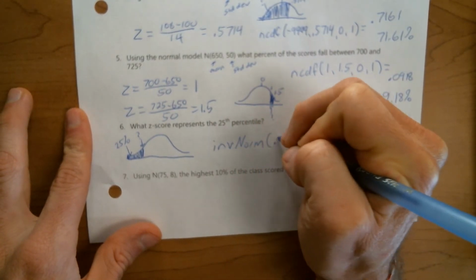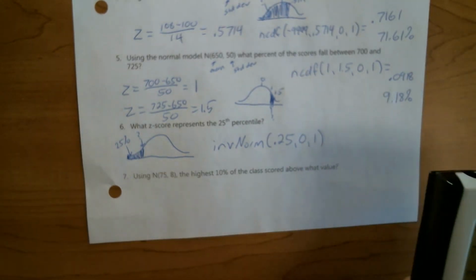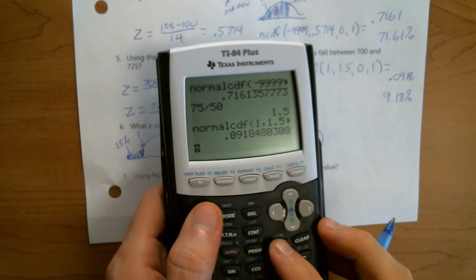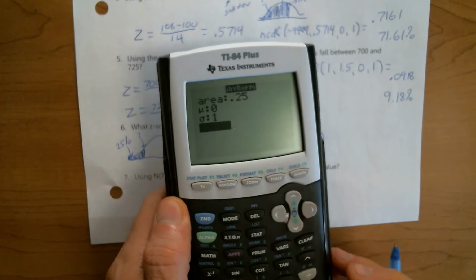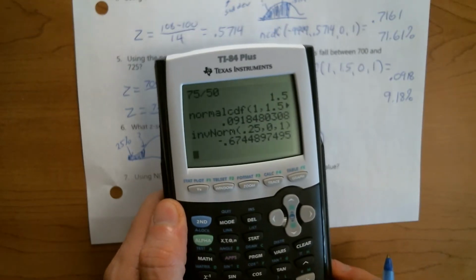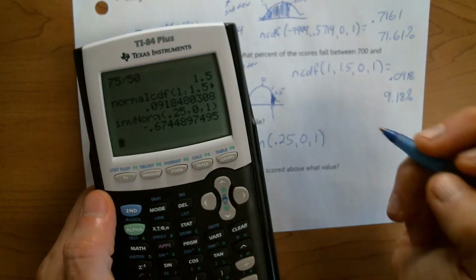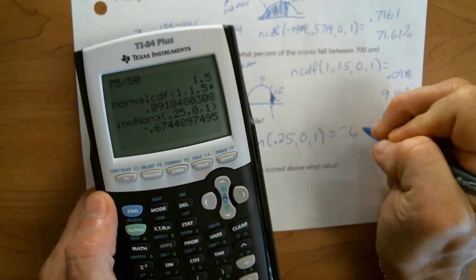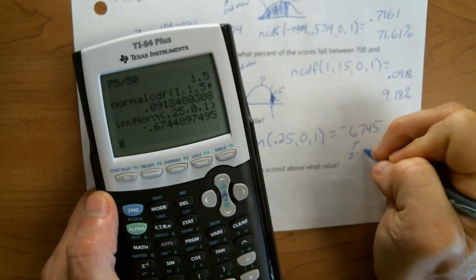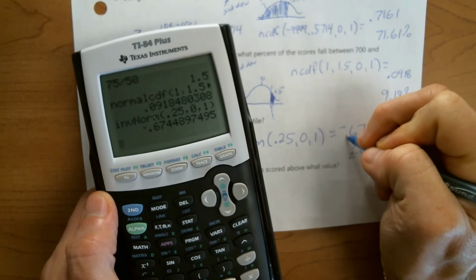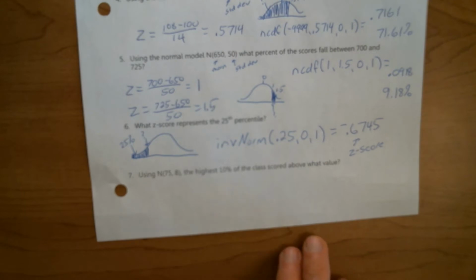This time we're doing 0.25, 0, 1. All right, so we can go to our distribution. We can go to inverse norm, 0.25, 0, 1. And we get a z-score of negative 0.6745. And again, this one does not get turned to a percentage because it is a z-score. So that's just negative 0.6745 standard deviations below the mean.